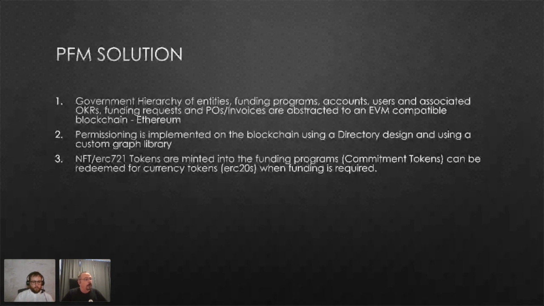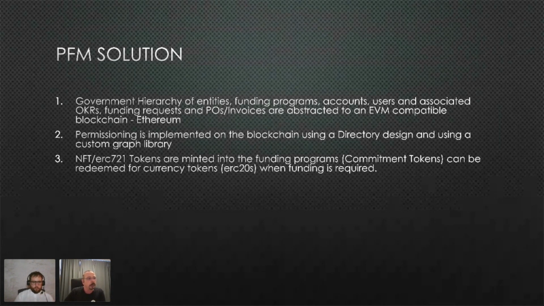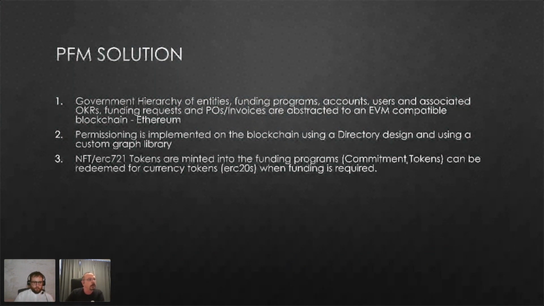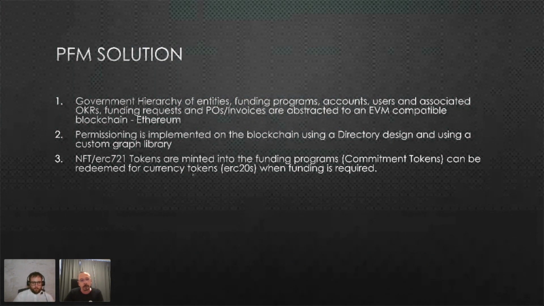We then track the real transactions that are happening by minting NFTs, which are ERC 721s, into the various funding programs. We call those commitment tokens. When funding is required or expenditures are required to be made, subject to the terms and provisions of those commitment tokens, they can be redeemed in exchange for currency tokens.